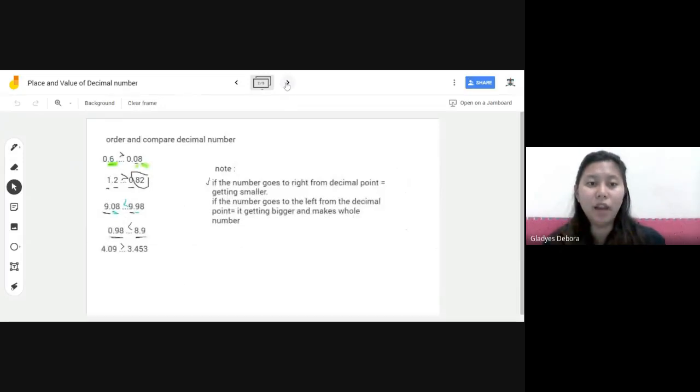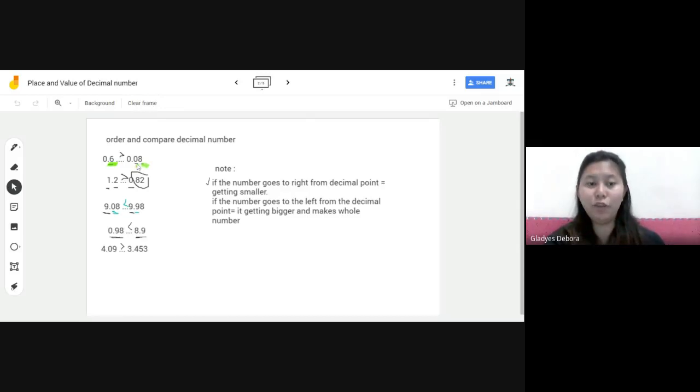Okay, let's order and compare decimal numbers. Okay, we have here 0.6 and 0.06. I have here notes that if the number goes to the right from the decimal point, it gets smaller. What does that mean? Let's take a look at the example.